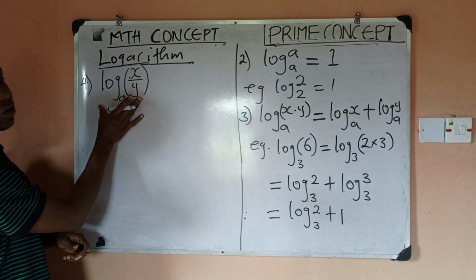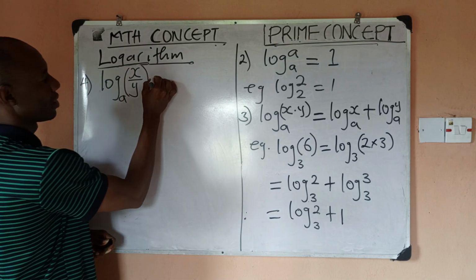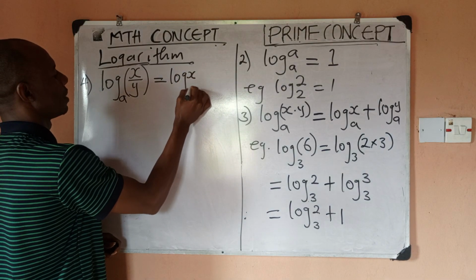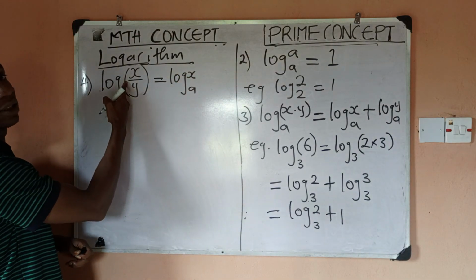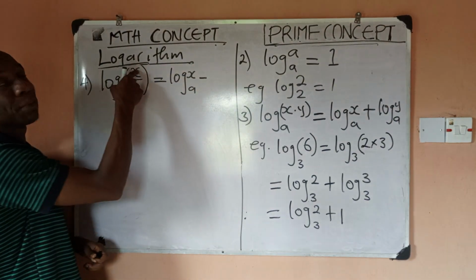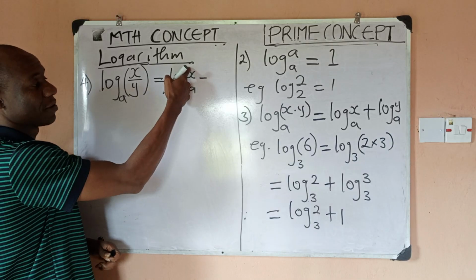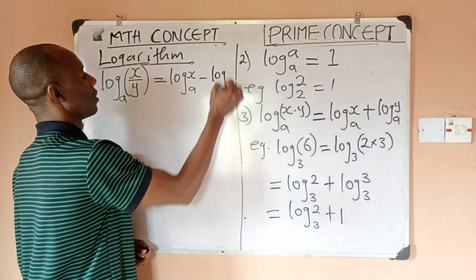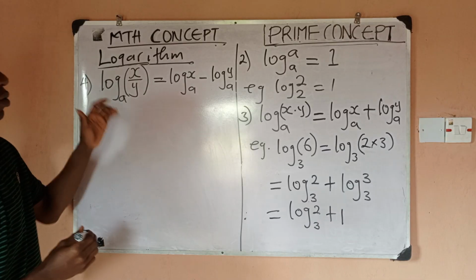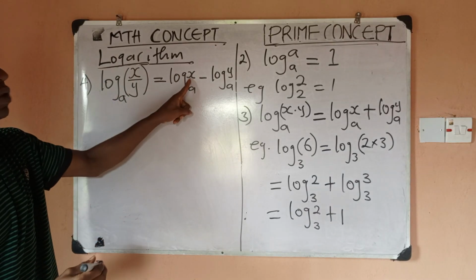And when you have division like this, this would be equal to log of x to base a. You can split it, but because it is division, you split by subtraction. And you're starting with the one above. It has to be log x first, then log y to the same base a. So this is also true. You split. Don't start with log y.